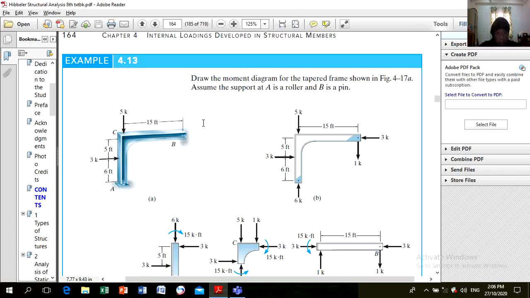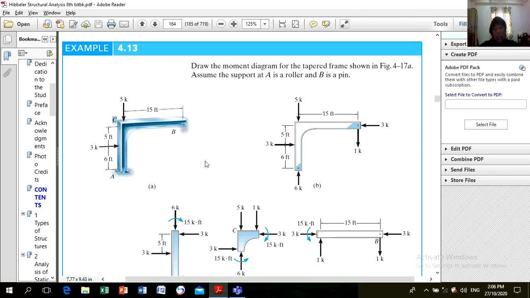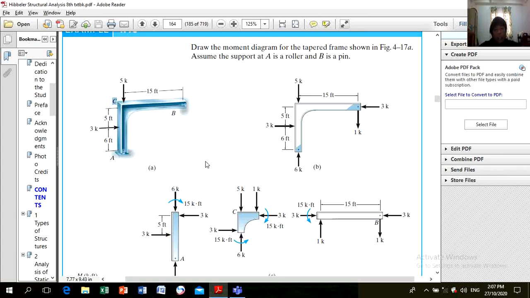A is said to be a roller and B is a pin, and since it is not indicated whether C is fixed or pin, usually if that is the case, this will be fixed.